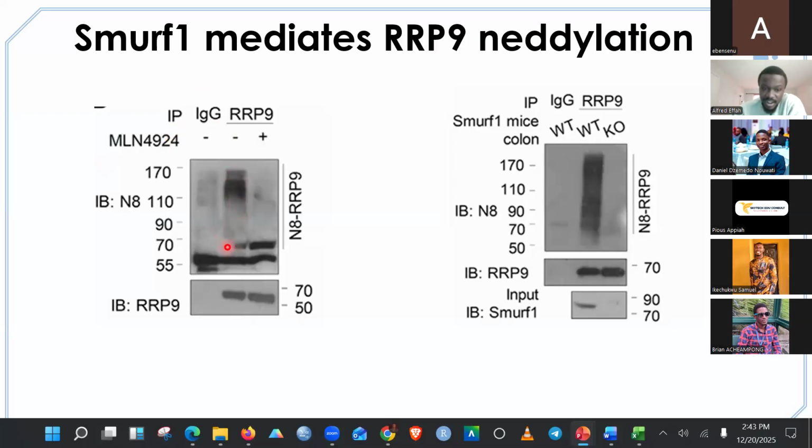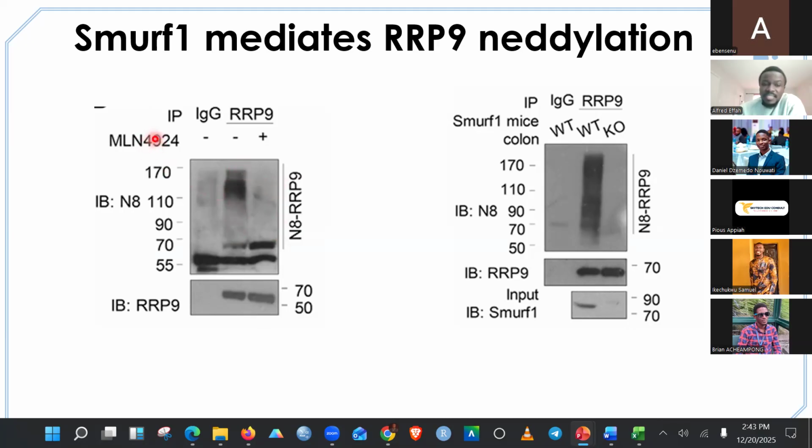Okay, this is RRP9, but there's a smeared band alongside, which is high molecular weight. Okay, so this is our NEDD8. It tells you that SMURF is working, NEDD8 has been added to RRP9, and so we are seeing this smeared band, which is a very high molecular weight that has been added to RRP9.